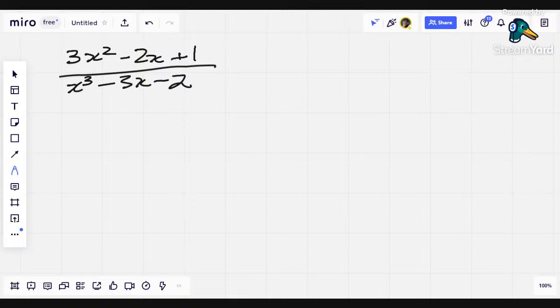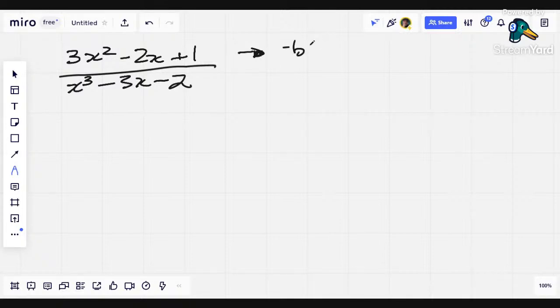So the first thing we want to do is see if we can simplify this expression further. We're going to factor it as far as we can get. Let's take a look at this first bit right here. Can we factor this? It's a quadratic expression, so we're just going to check the discriminant.